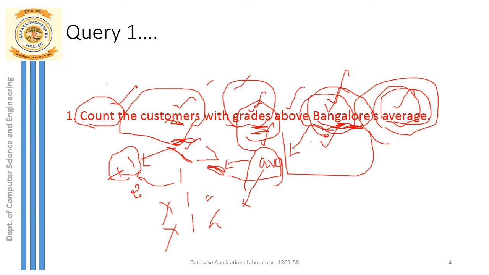Then again, if you find such a customer, increment the counter again by 1. So this time the counter value became equal to 2.